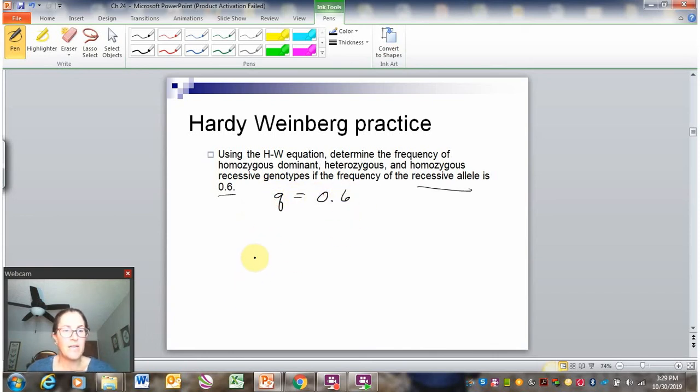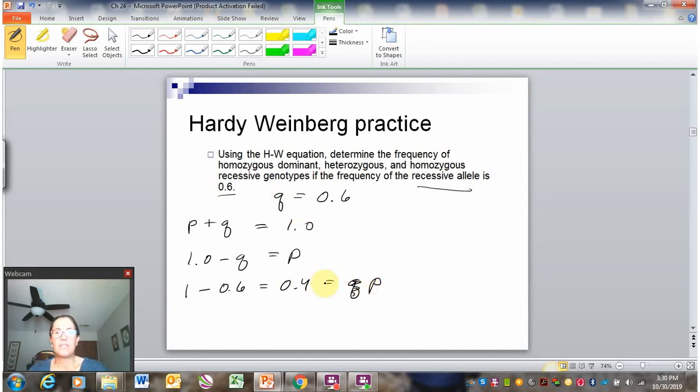Remember that we said that allele frequencies have to add up to 1. So P and Q have to equal 1.0. So if I know Q, I can subtract it from 1, and that will tell me P. So 1 minus 0.6 is equal to 0.4, and that's going to equal P, because we already made Q be 0.6, okay?